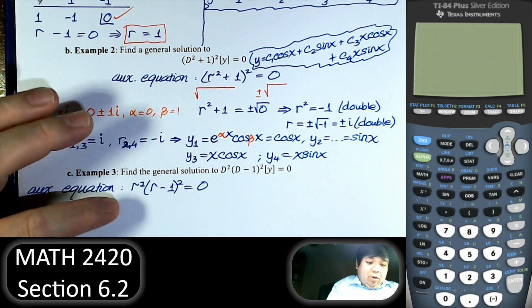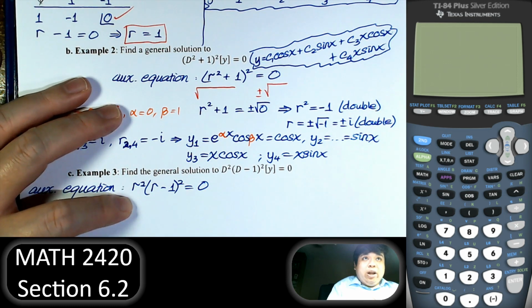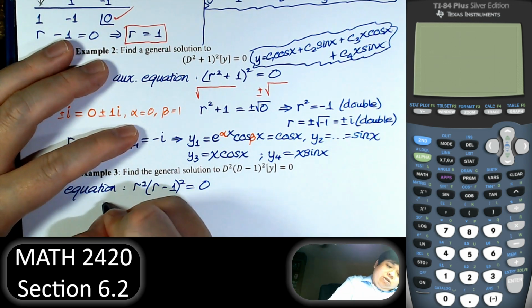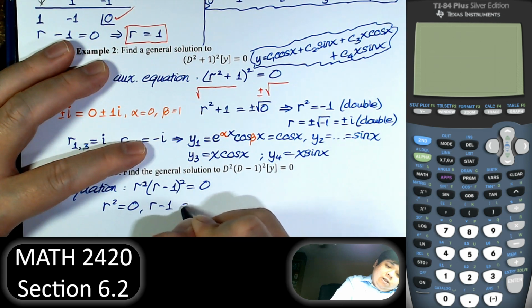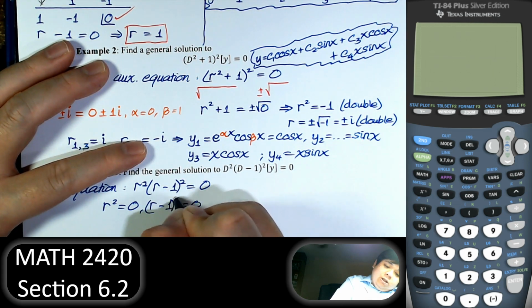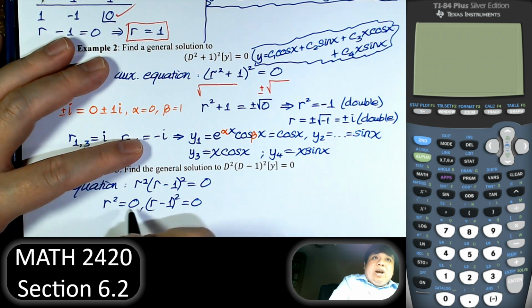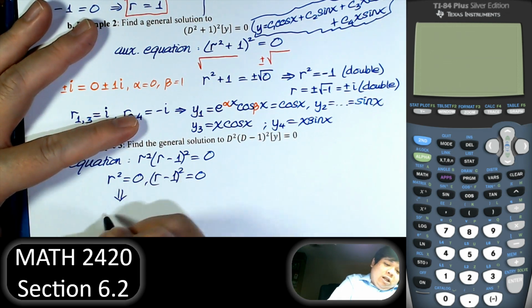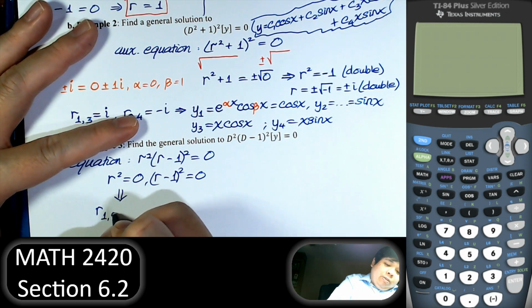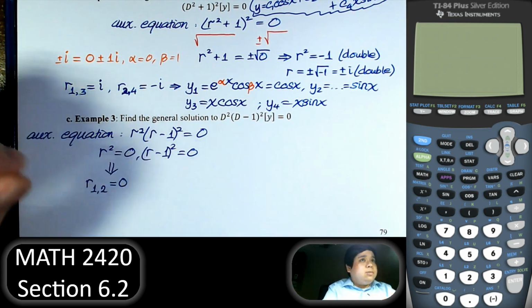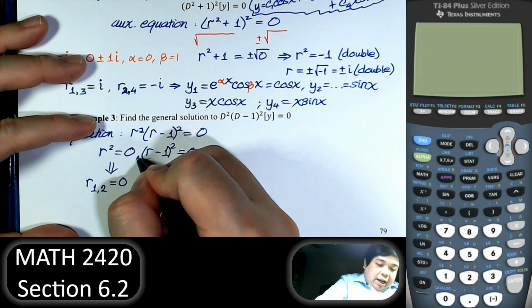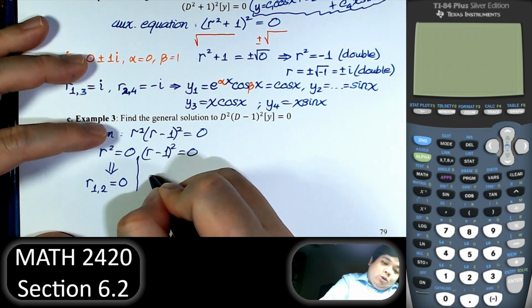So of course we have r squared equal to 0 or r minus 1 equal to 0. Because we have r squared equal to 0, this is multiplicity of 2. We have r1 and r2 be 0. And here we have r equal to 1.